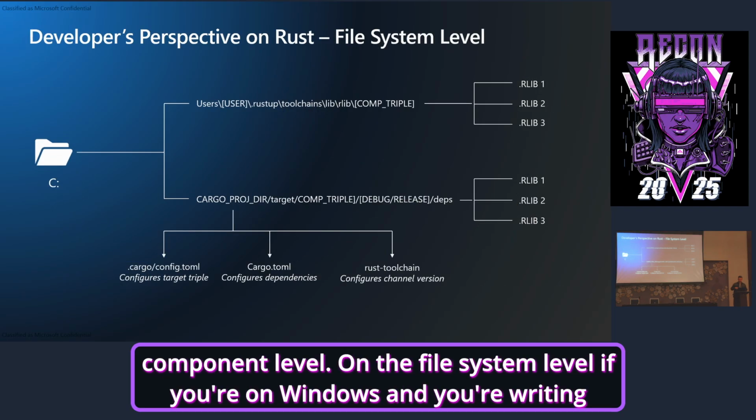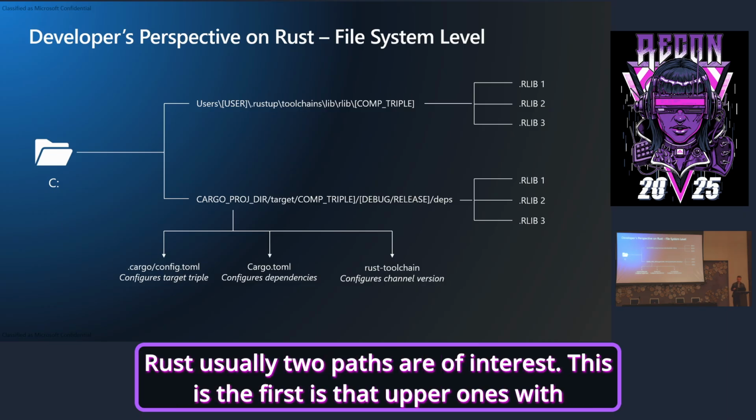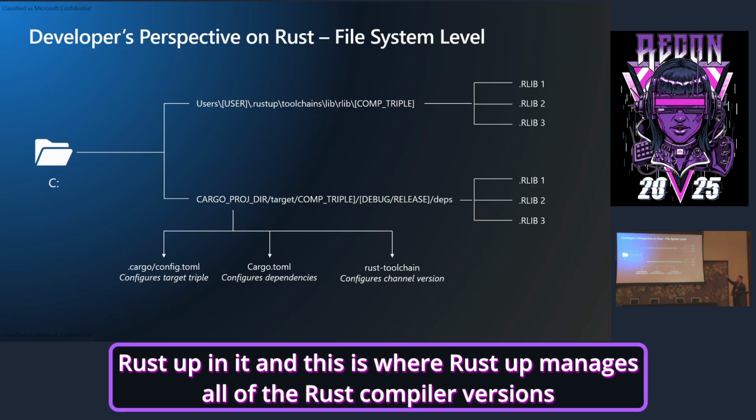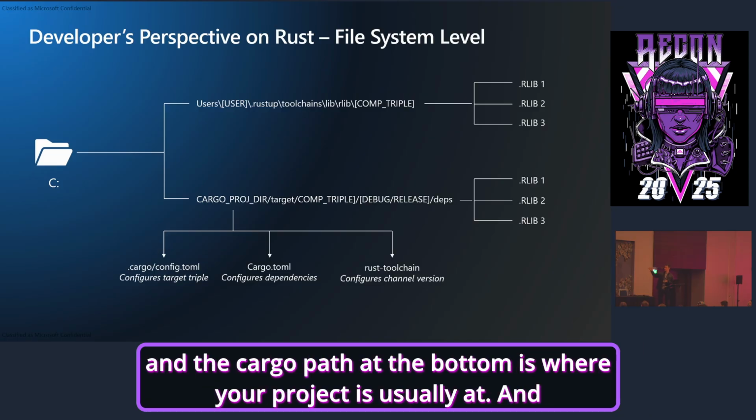On the file system level, if you're on Windows and you're writing Rust, usually 2 paths are of interest. The first is that upper one with RustUp in it. And this is where RustUp manages all of the Rust compiler versions. And the cargo path at the bottom is where your project is usually at.